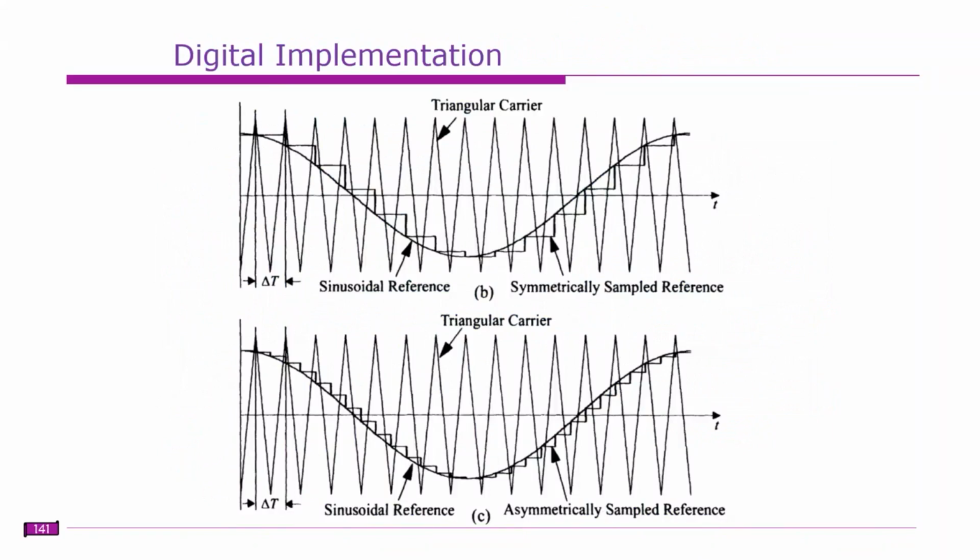So this is about implementation in a digital platform, right? There is another implementation in digital platforms, especially when you are using a DSP, digital signal processors, the low-cost DSP.